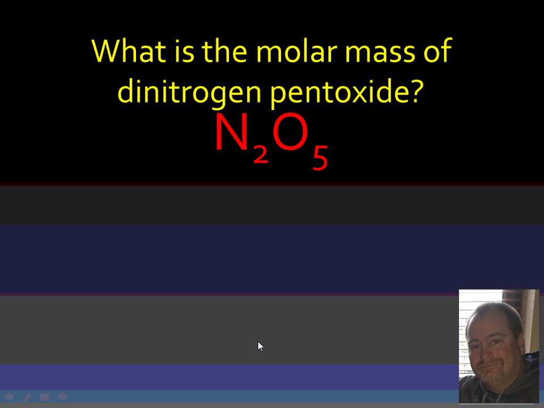So now I go through. I say, okay, how many nitrogens do I have? 2. Each one of them weighs what? 14.01. Did I round that wrong? No, I didn't. 14.01 times 2, I have 28.02.